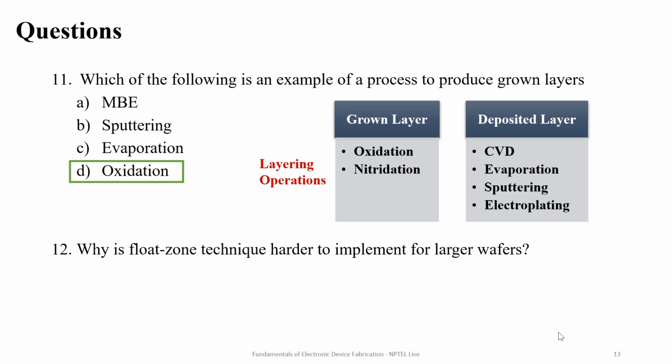Polycrystalline EGS is melted and it is placed on a seed crystal. Okay. So basically in float zone, what happens is that we'll do localized heating of the ingot.